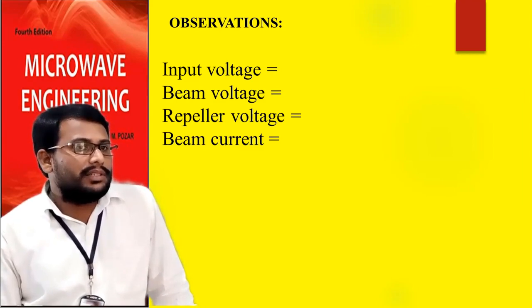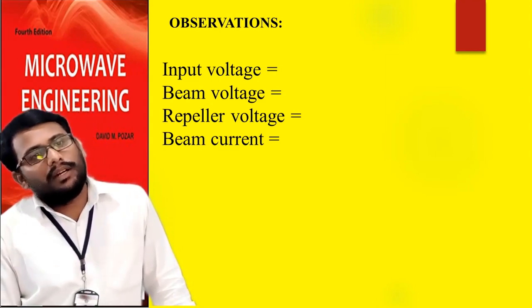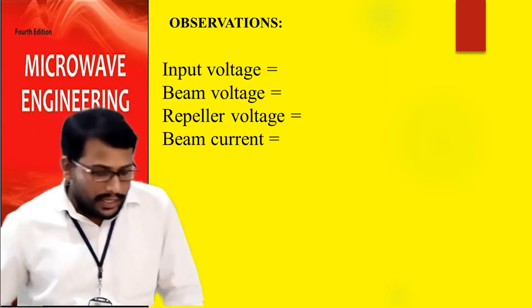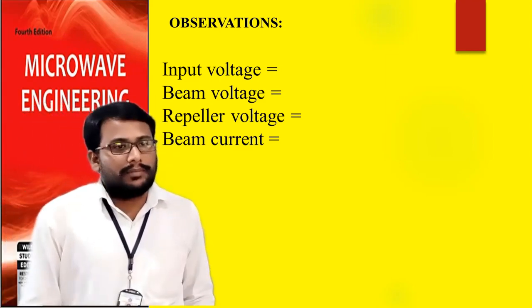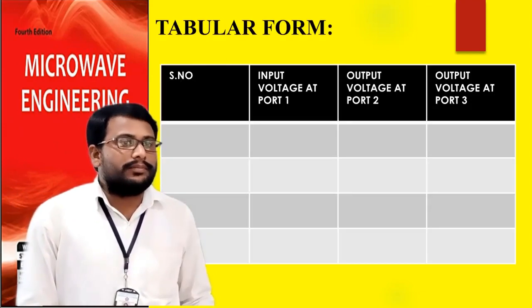That value is in terms of minus 201 to 203. And beam current should not exceed 18 milliamps. You have to maintain those values.